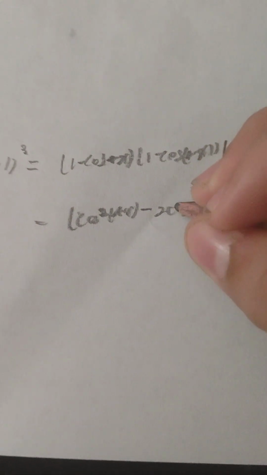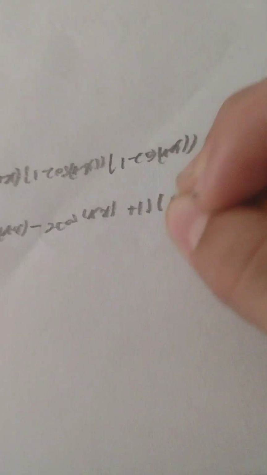This is equal to cos squared of 4x minus 2 cos of 4x plus 1, times 1 minus cos 4x. I multiplied these two and got this because I squared it.